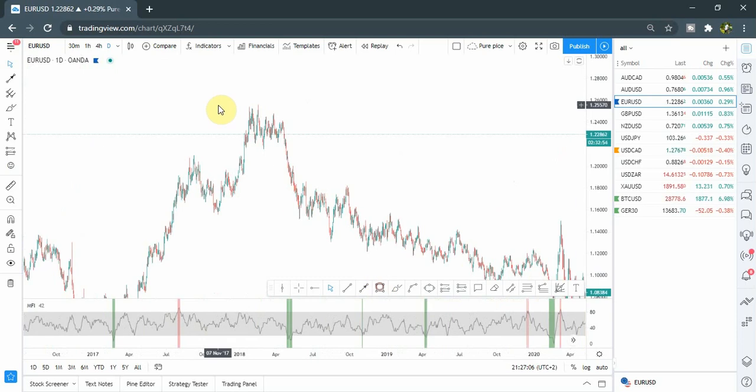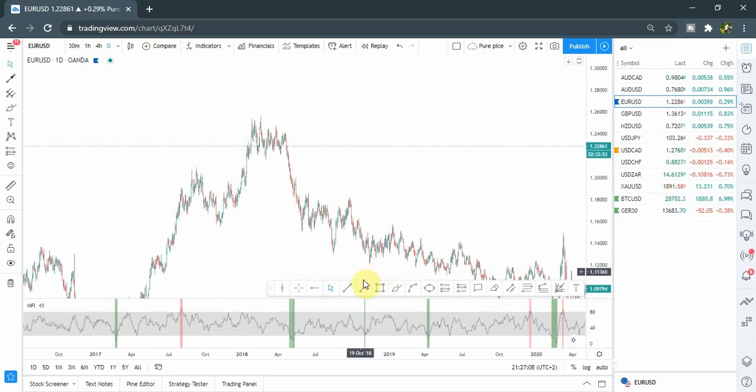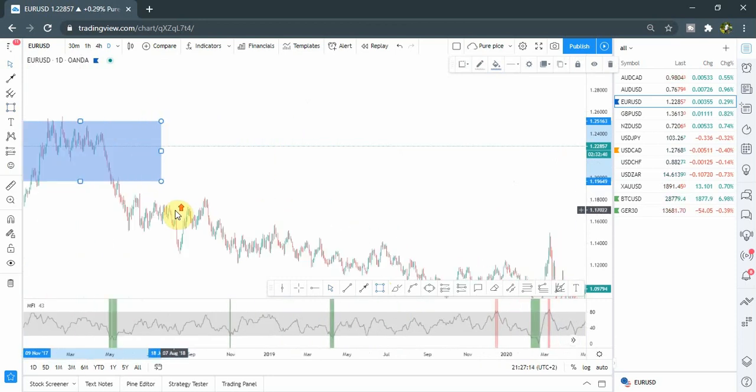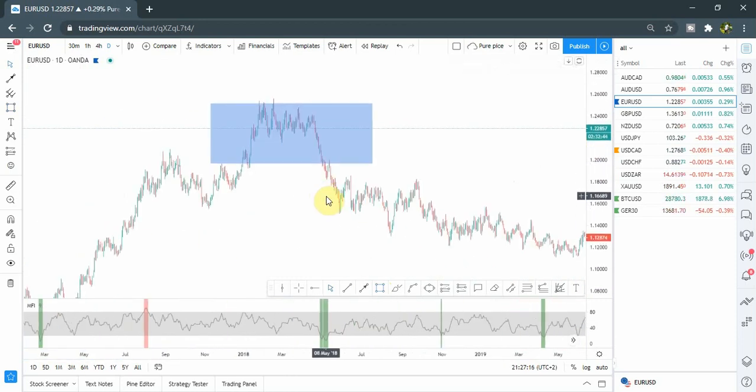And then the next phase, which is the distribution. What happens here is basically the opposite of the accumulation, but now we are looking for sellers to come in the market. There are now too many buyers in the market, meaning the market is now overbought.